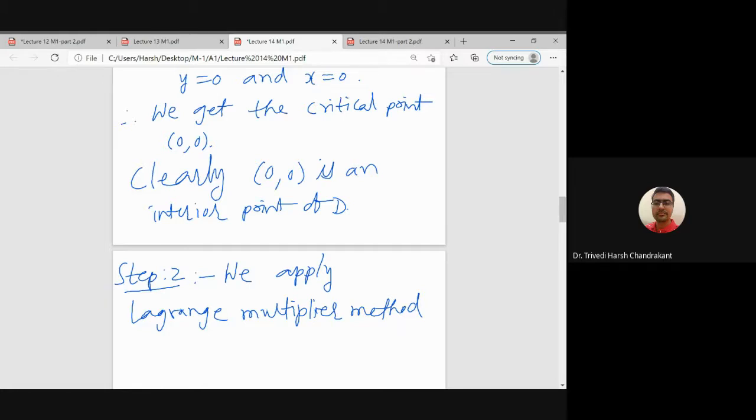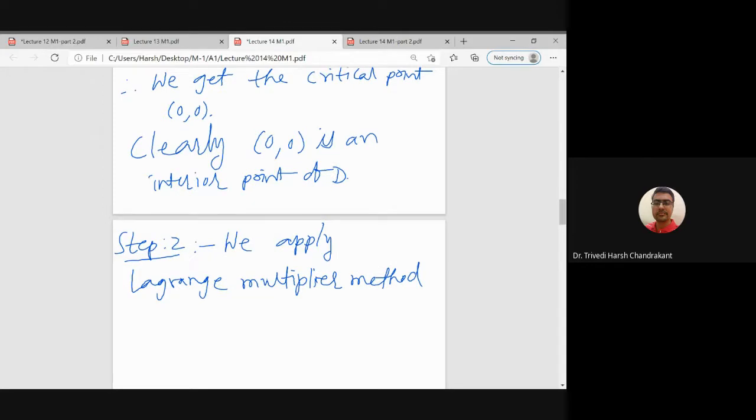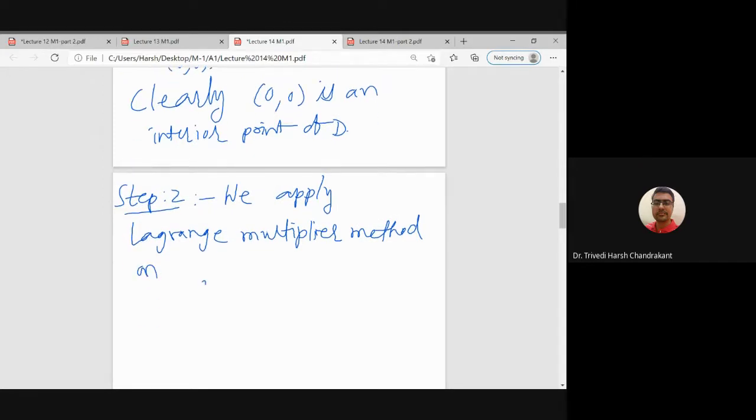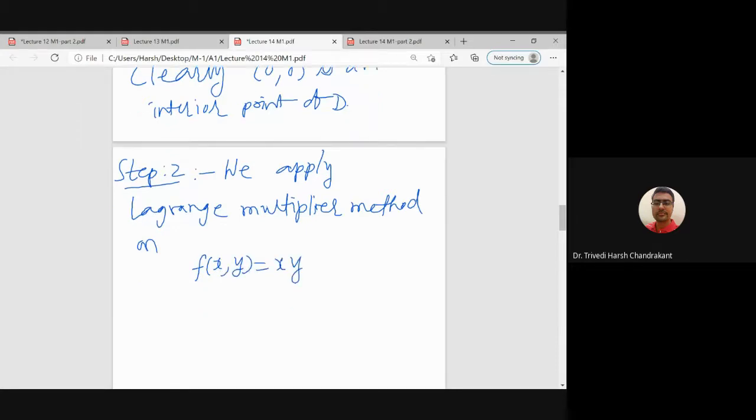Boundary of the region means we are applying the Lagrange multiplier method on the function over the boundary, so we are considering all the points on the boundary, which is x square plus y square equals 1. So we need to solve this problem to find all the critical points on the boundary.